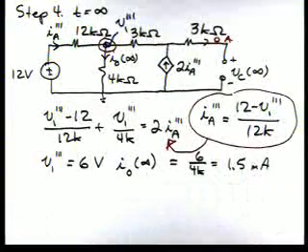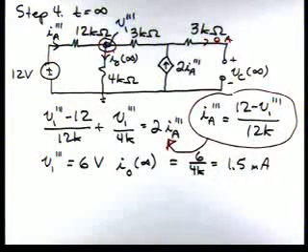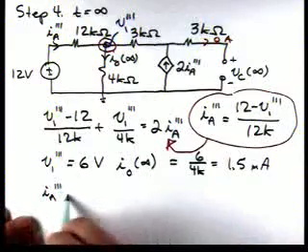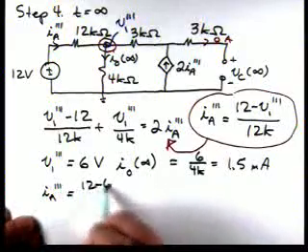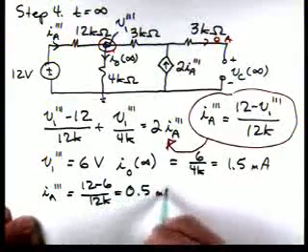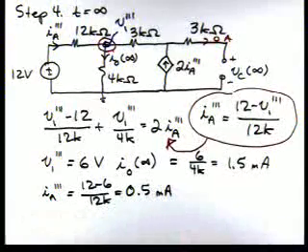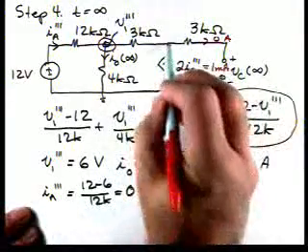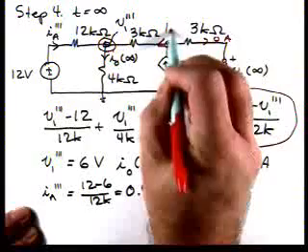Now, while we're here, let's calculate VC of infinity. To do that, let's calculate IA triple prime. So IA triple prime then is 12 minus 6 over 12K, which is 0.5 milliamps. So this source has a value of 1 milliamp. So that tells us that there's 1 milliamp here.